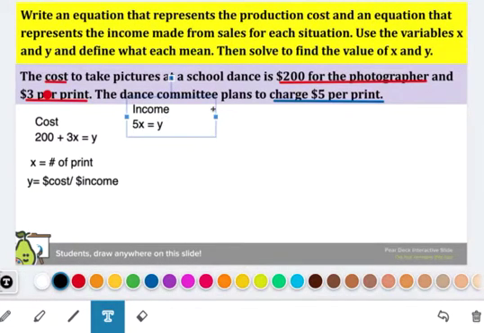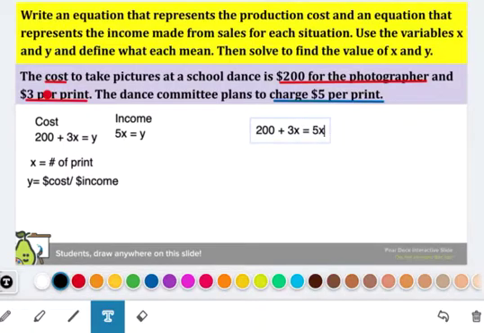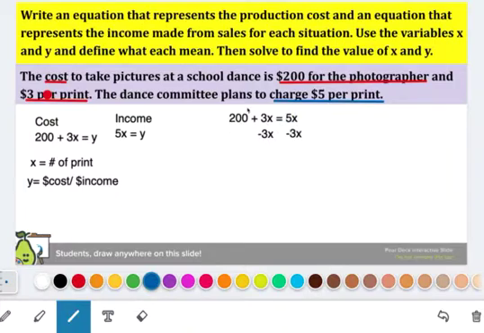Okay, and then we use substitution. That means we put that right there and solve it. So we have 200 plus 3x equals 5x. Subtract 3x from both sides. And that gives us 2x.